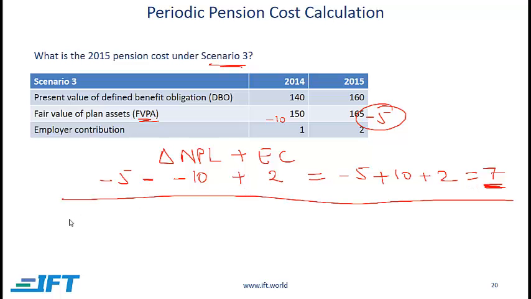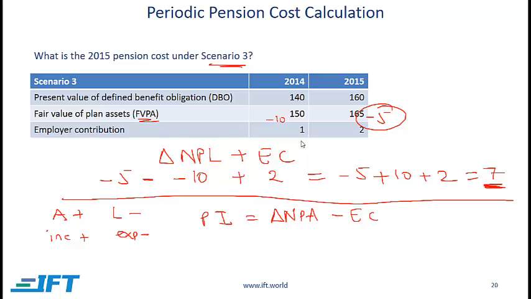Now, sometimes in the curriculum you'll see a different convention. If we take assets as positive and liabilities as negative, and we take any inflow or income as positive and expenses as negative, then the formula can become the pension income. So the total income is equal to the change in net pension asset minus the employer contribution.